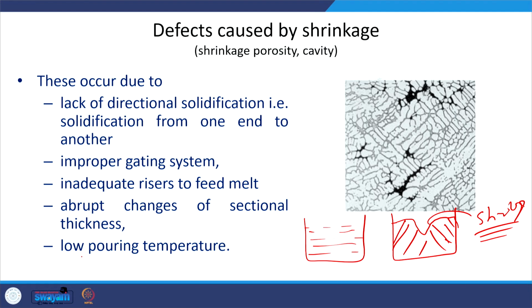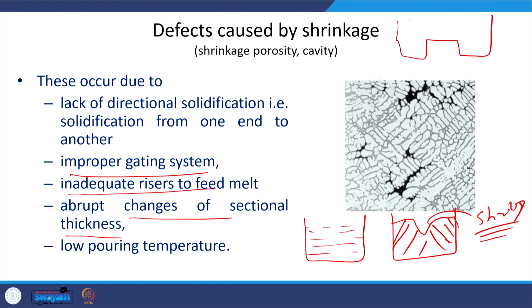Okay. This is particularly promoted when the solidification is not proper, or the gating system is not designed properly, or an inadequate riser is not able to feed the molten metal properly, or a sudden change in cross section in certain areas is blocking the flow. Like, say, if there is a great difference in this section, like here it is going like this.